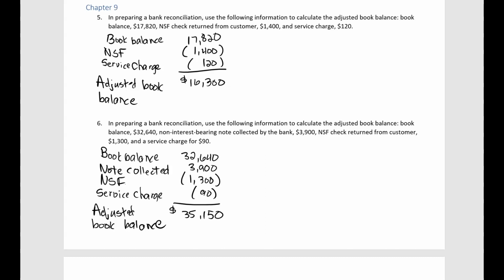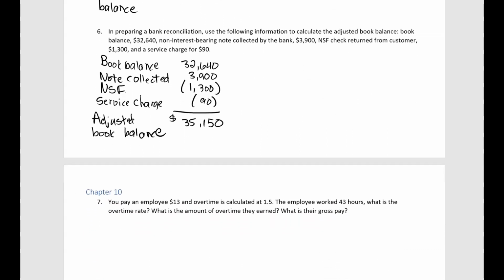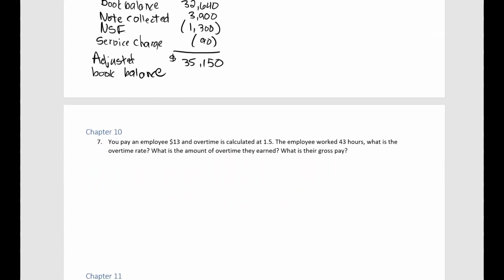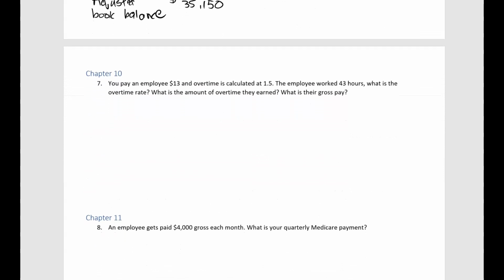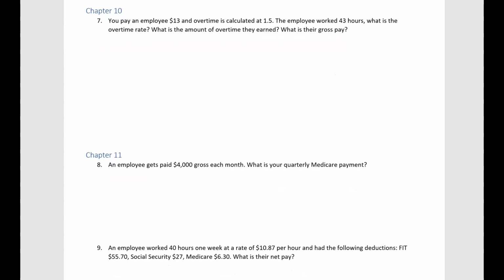Now we're going to go to Chapter 10. Chapter 10 and 11 are on payroll. Most of the questions in the midterm are from Chapter 10 and 11. And actually for Chapter 10, we only have 1.